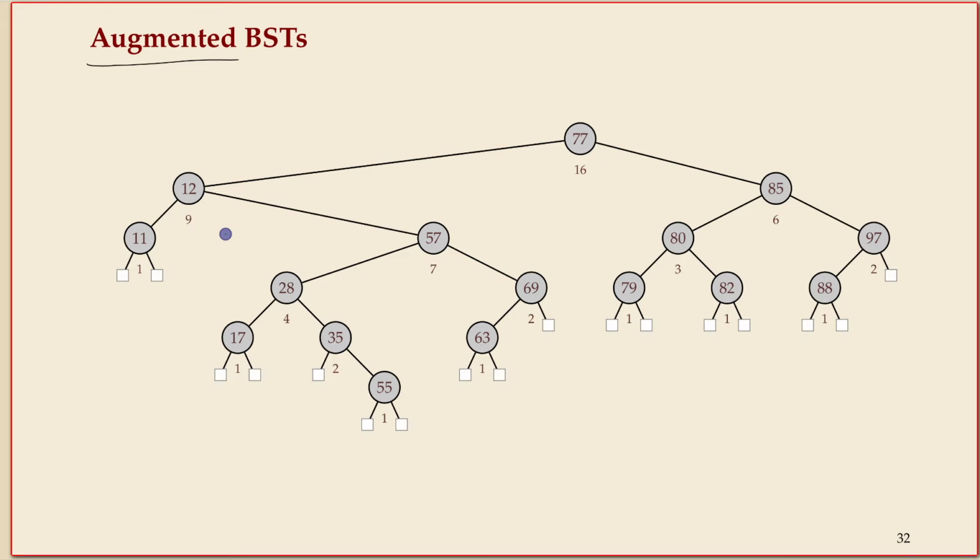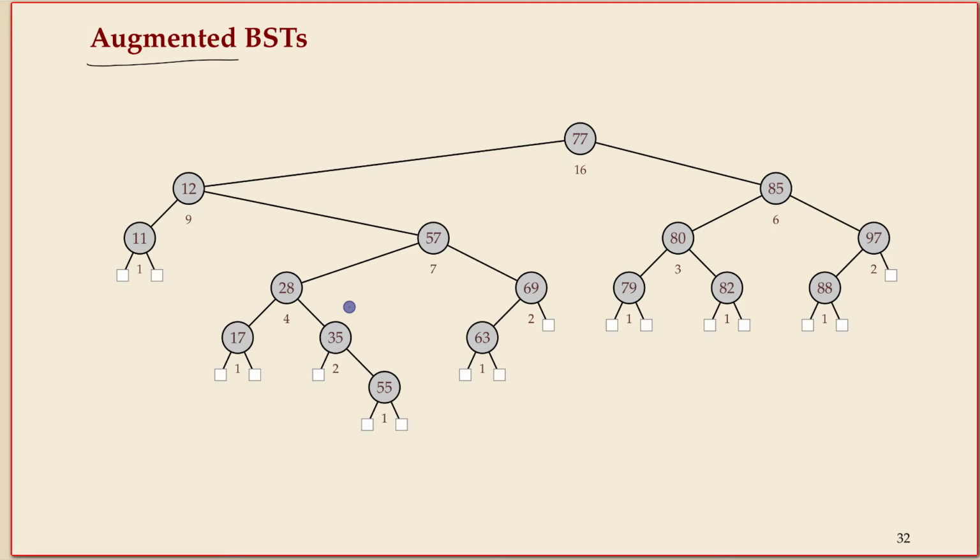So we add another field to every node, and the field that we add is the subtree size. That's the number of keys that are below this node, so the number of descendants, including the node itself. For example, all the leaves have 1. Then this one has 2 because there's 2 below it. This one has 4, and you can check that hopefully the others are all correct as well.